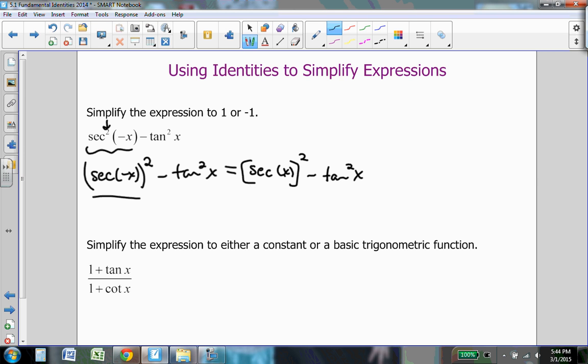And we see right here, secant squared of x from our Pythagorean identities is simply 1 plus the tangent squared. And then we're going to be subtracting that tangent squared still. And you can see there that we subtract those and we end up with just 1. So we're able to simplify this one to simply 1.